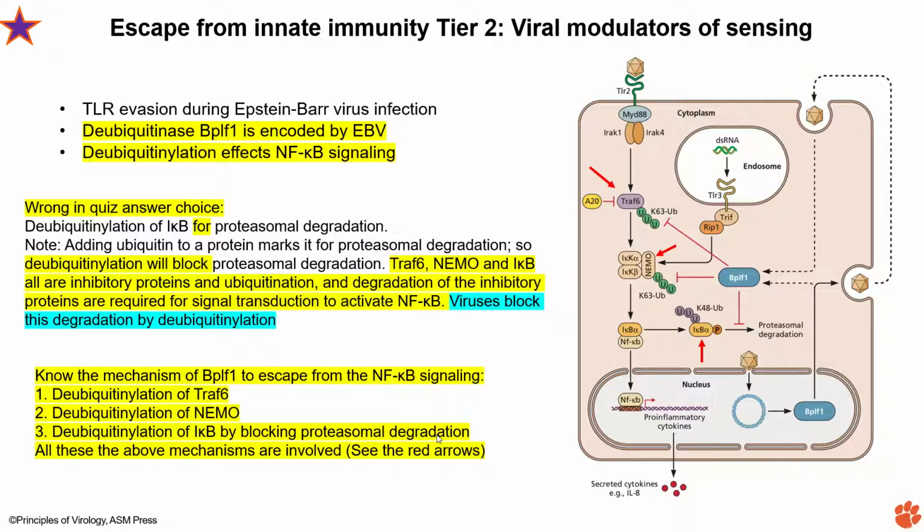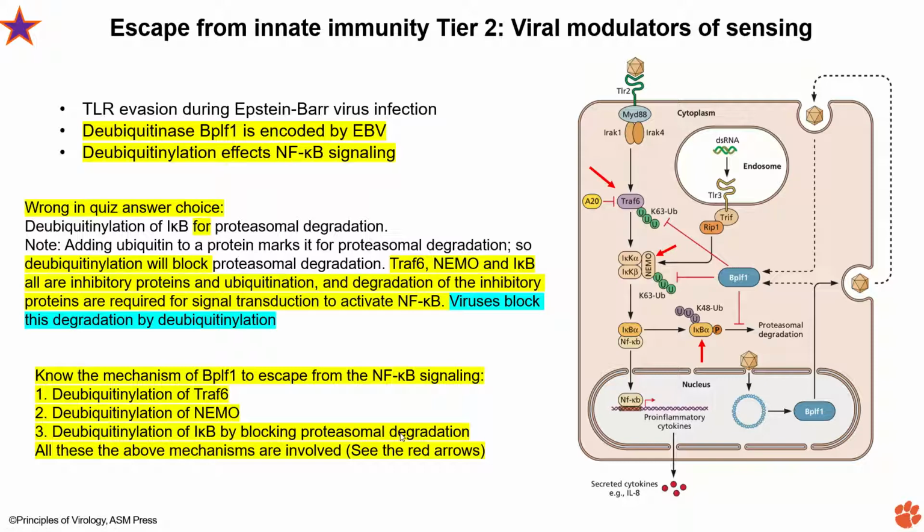But what I did is that I put that right here, just look at number 3, I'm just repeating that, deubiquitination of I kappa B for proteasomal degradation. So if you remove the ubiquitin, it's not going to get degraded. It is blocking the proteasomal degradation. So that word was wrong in there, not for.